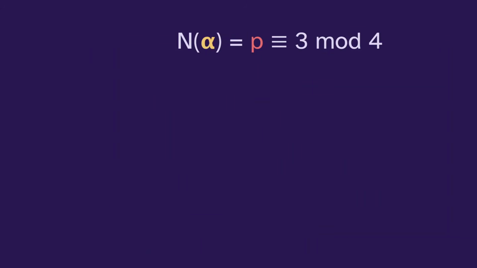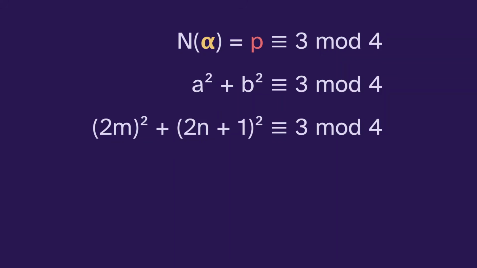So we must be left with case 3, where the norms are both p. Okay, so we're saying the norm of alpha must be p, which is congruent to 3 mod 4. And the norm of alpha is going to be a squared plus b squared for some integers a and b. Now we notice this is congruent to 3 mod 4, which means that a and b have to be an odd and an even. So we can write them like this, with 2m being our even and 2n plus 1 being our odd.